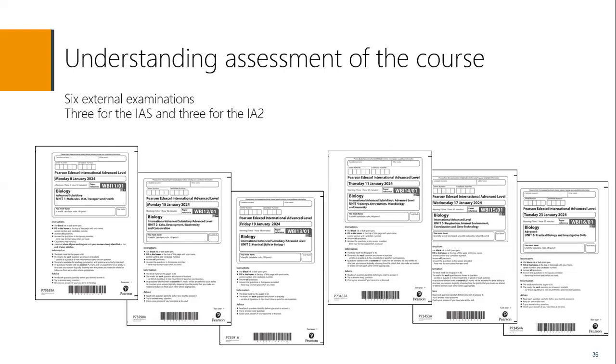They're all external examinations. It's expected that the IAS topics would be covered in the first year and the IA2 in the second year. All assessments are compulsory and there are no optional units.